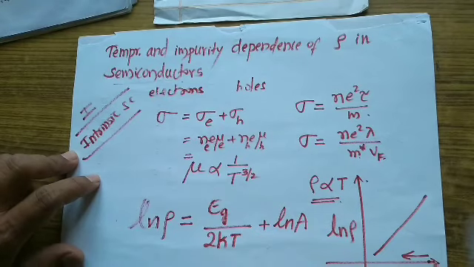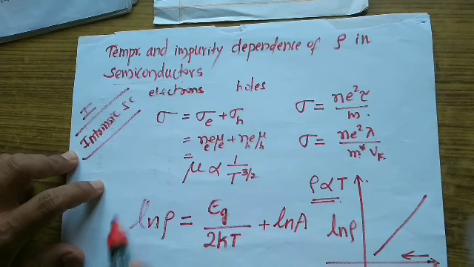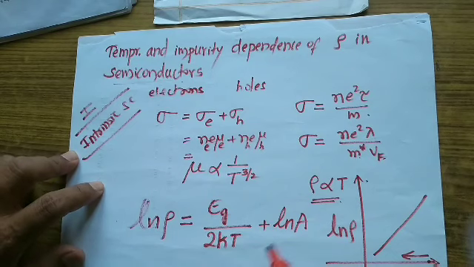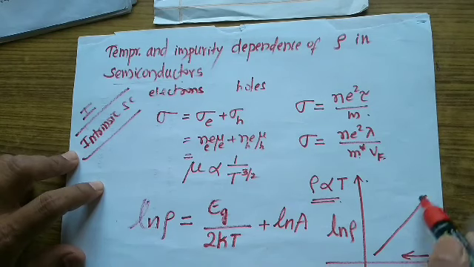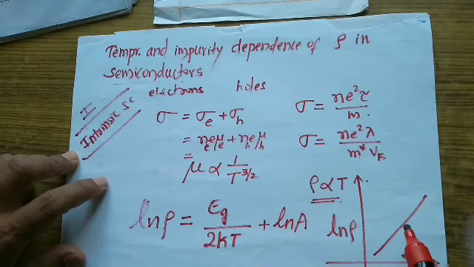This is the total electrical conductivity in the semiconductor. And this is the equation representing the relation between the electrical resistivity and the absolute temperature, as we have already understood that there is an inverse relationship between resistivity and temperature, so that increasing temperature decreases electrical resistivity.